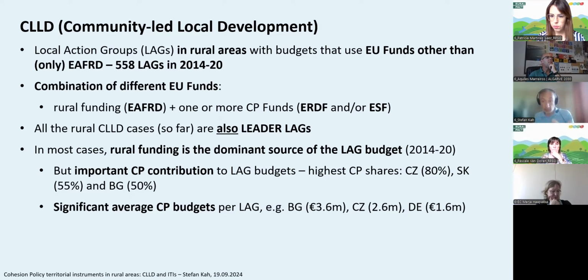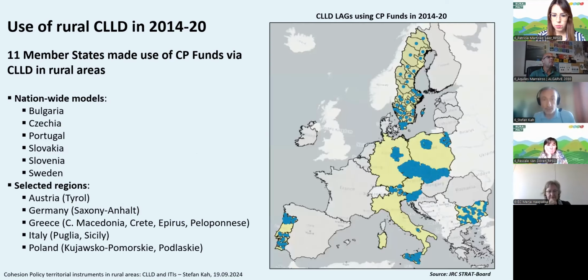Which means, if you look at the local action group level, that the funding, and these are averages, and averages have only limited meaning, is quite high. So on average, a Bulgarian local action group would have had a 3.6 million budget over 7 years from cohesion policy funding and so on.